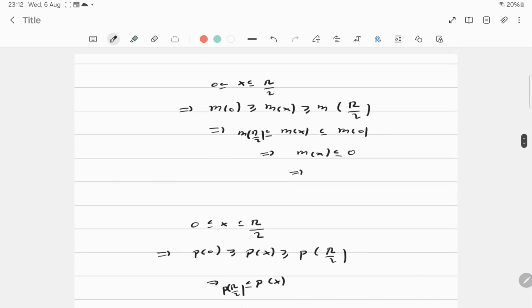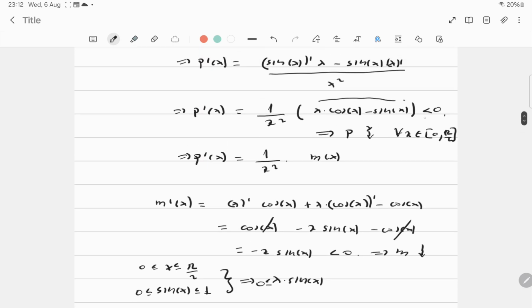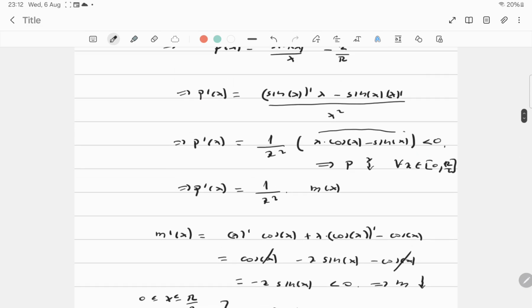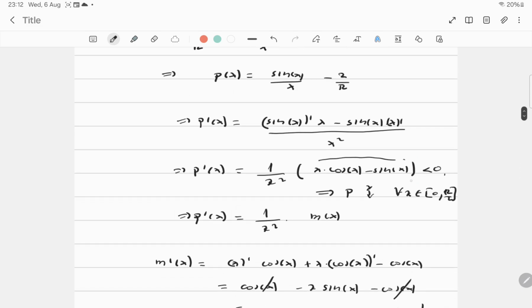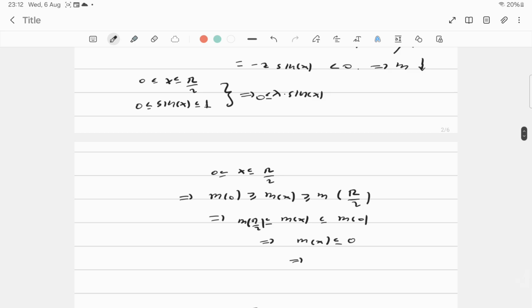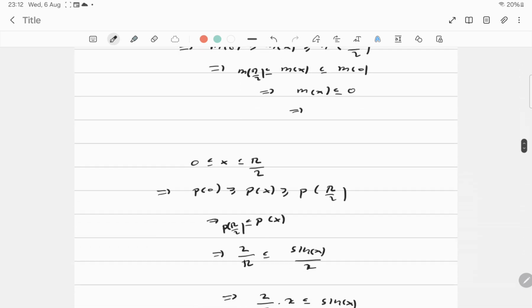Once I find the sign, I find the sign of the whole thing, which is negative. The derivative of the function defined before is negative, so p is a monotonically decreasing function for every x in the interval 0 to pi over 2. And then using that, I can just pass the function, but I have to change the direction of the inequality, and I get the desired result.